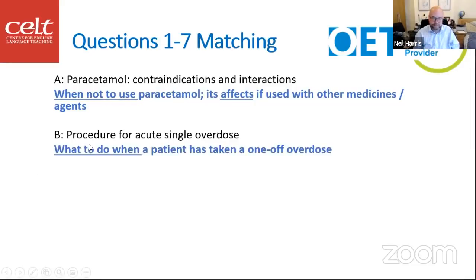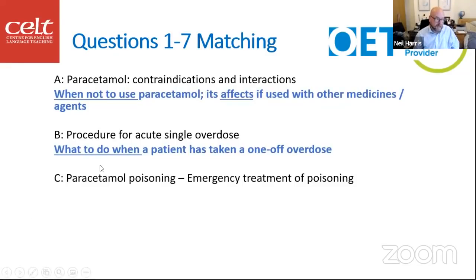So how I reworded this one, trying to make it as clear for myself as possible: what to do when a patient has taken an overdose. And notice how I've taken the word acute and seen that as a one-off overdose, not a chronic addiction, if you like, to paracetamol. Or rather than chronic addiction, chronic overuse and misuse.